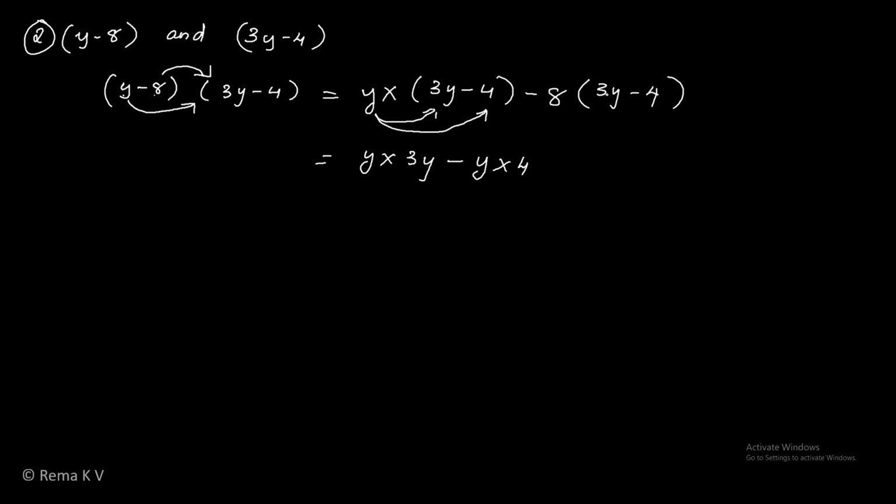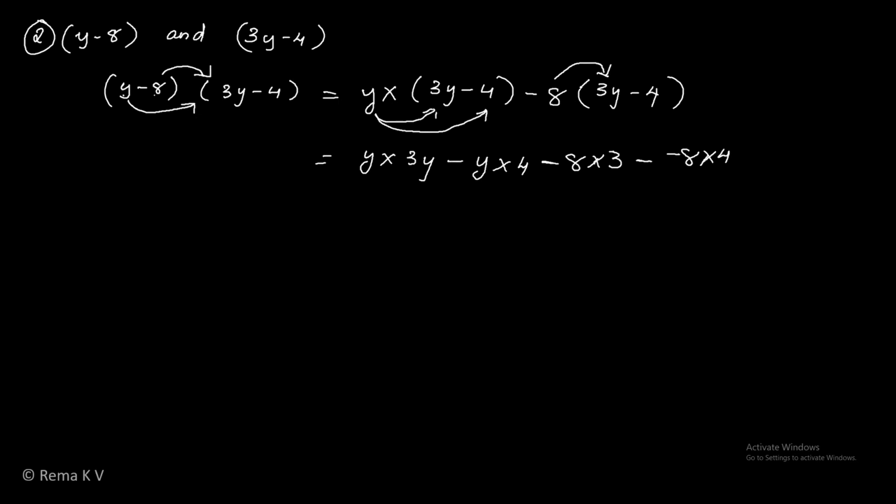Now while writing the next one, you have to take care. Here we have to multiply this with a negative sign. So minus 8 into 3y, then minus, this minus sign is here, minus 8 into 4.